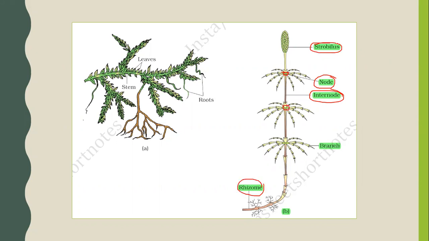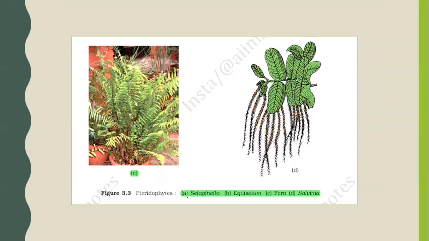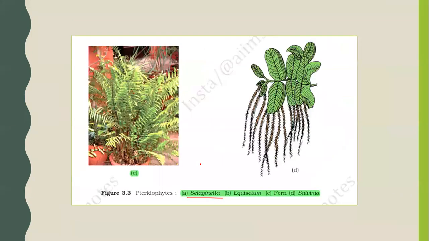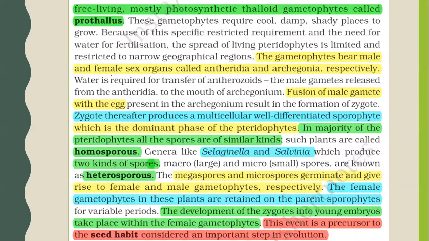Then this is a rhizome and this is the branch. You have to learn this. So diagram A was Selaginella. The second one is Equisetum. The third one is the ferns. And this is Salvinia.